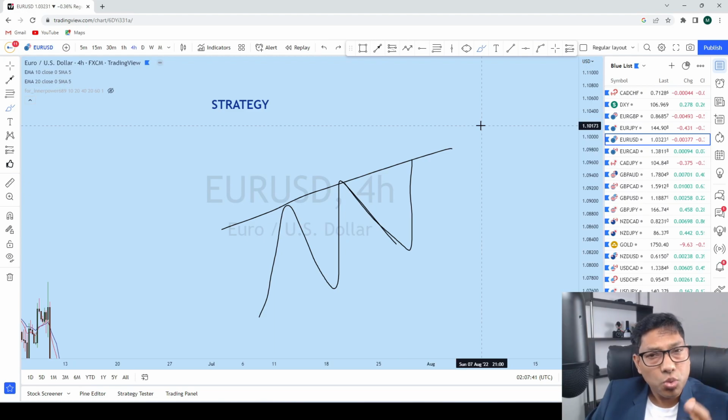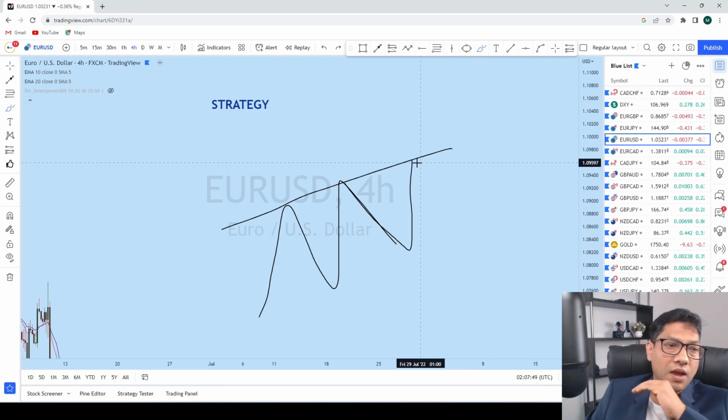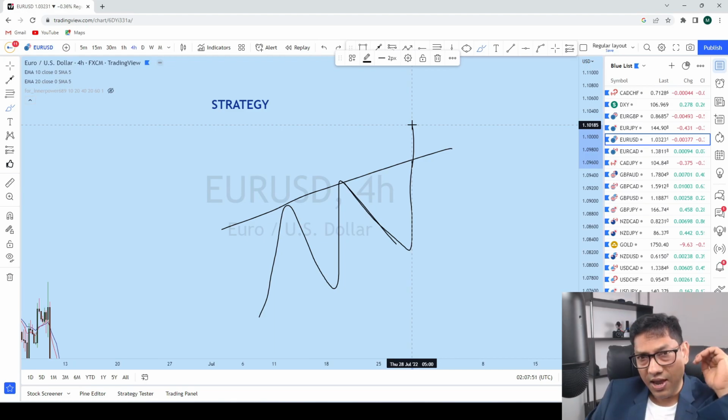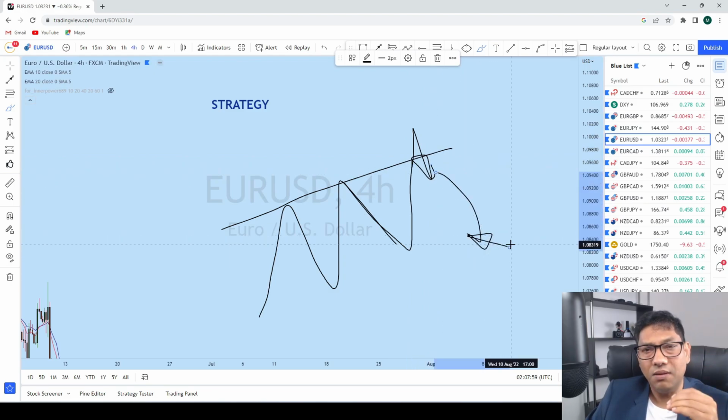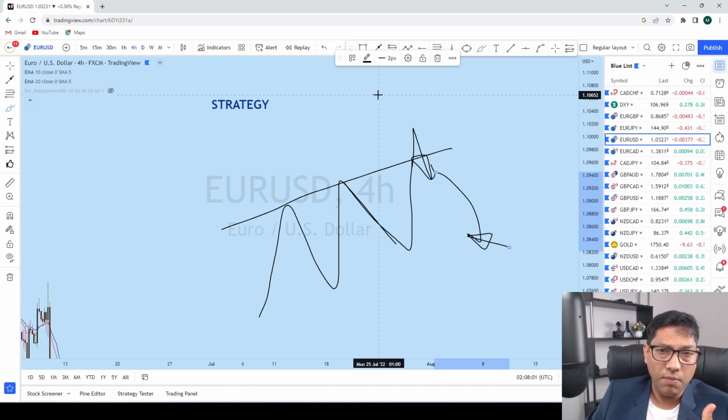So the best way to trade this kind of level, this resistance or support, is to wait for a false breakout. A breakout happens, and then wait for the price to come back to the zone, to the level, and from there you can easily sell the market with a high probability trade setup.